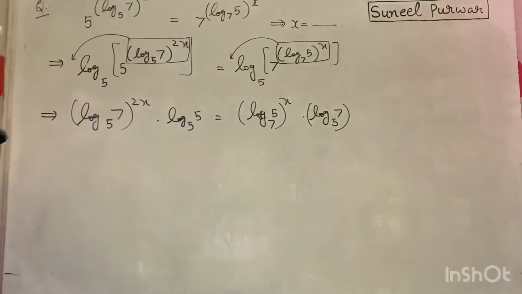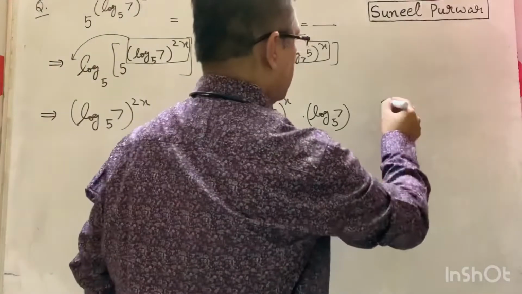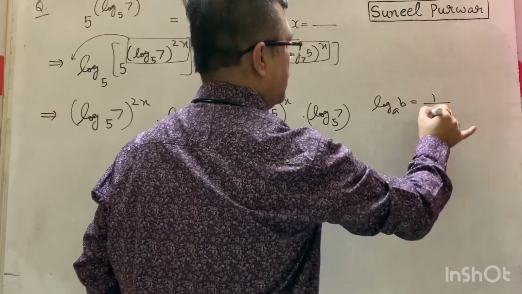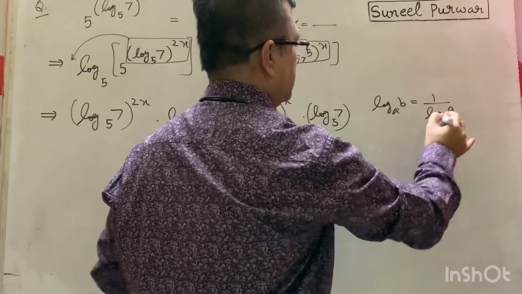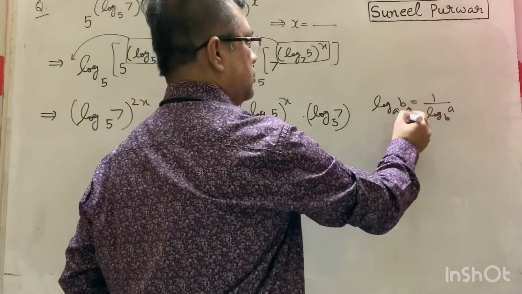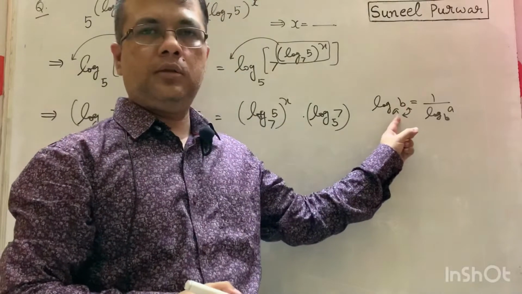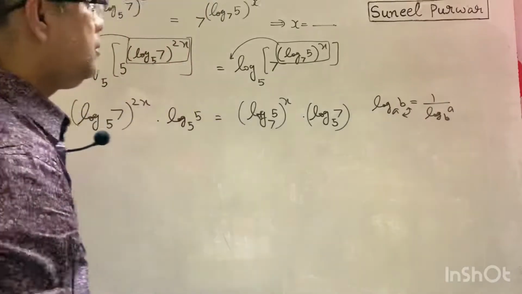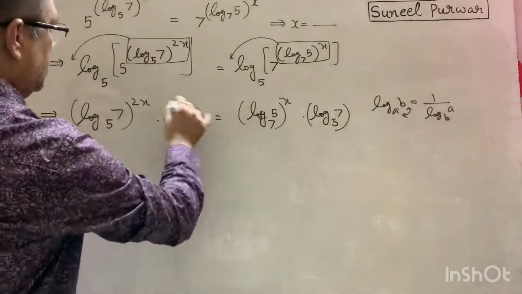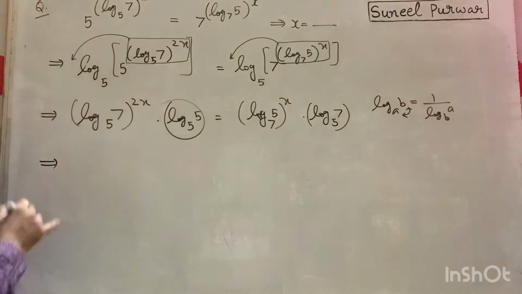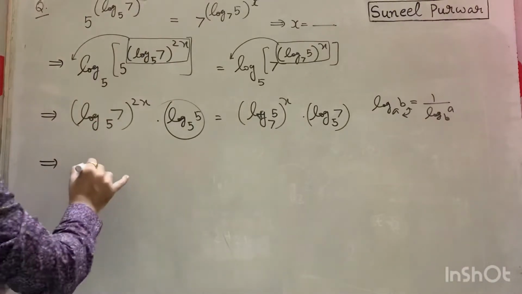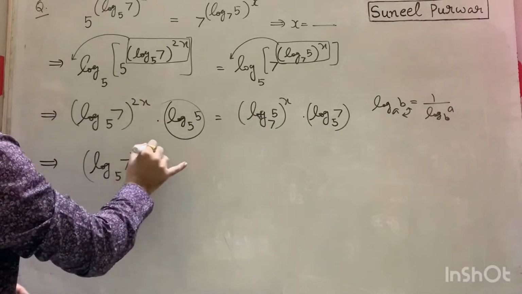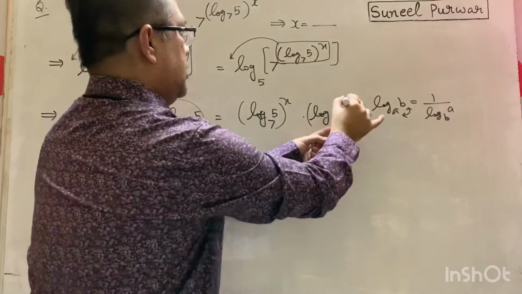Now here you need to recall one important property of logarithms, that log of b base a is nothing but 1 upon log of a base b, interchanging these two numbers. So when you interchange these two numbers, logarithm gets reciprocated. Now, this is log of 7 base 5 power 2x, and the same quantity is here with power 1.